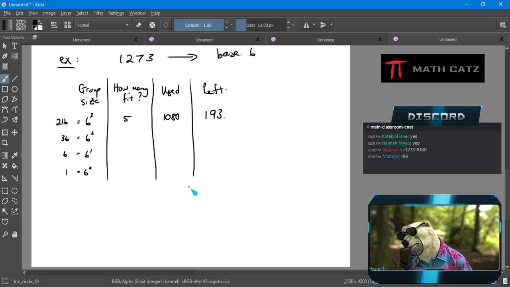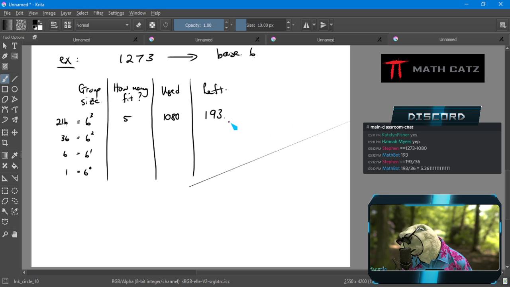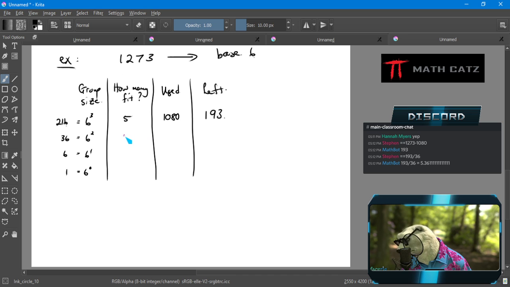But I can fit some 36s. How many times can I fit 36 in there? So that's a division, 193 divided by 36. And we get 5 times. Oh, 5 again.